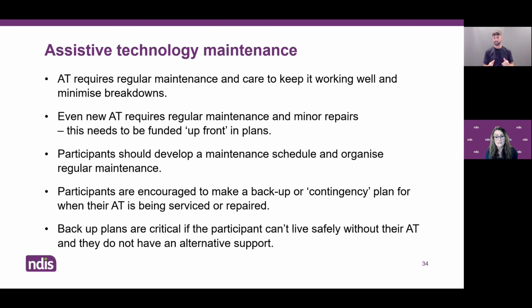Participants should discuss these backup plans with their planner or their LAC when their plan is being developed, including who to call if the participant cannot contact their repairer, whether their families or friends can assist during these periods, and access to loan equipment while AT is being repaired.